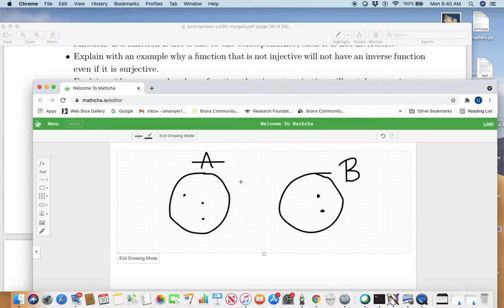That is, my function f goes from A to B. How does it go? It takes this element here. It takes this element here. And it takes this element also here. Okay? So notice my function f is surjective. There are two elements here. Both have pre-images. Let me call this b, right? What is the inverse? What are the pre-images? Well, b has two pre-images.